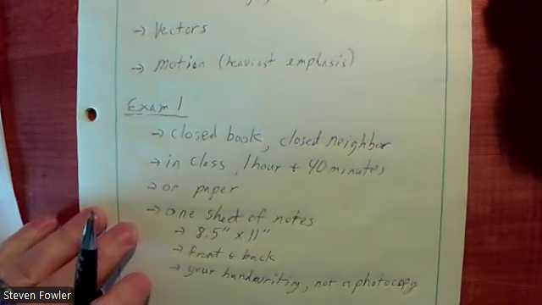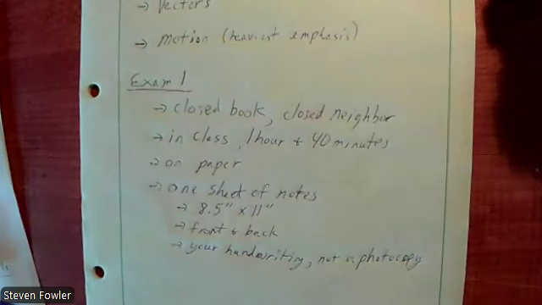Okay. So I've tried to specify all the things, to make it to where there shouldn't be any creative way to get an advantage out of this. Whatever you can physically write by hand on one sheet of notes, 8.5 by 11, is allowed.